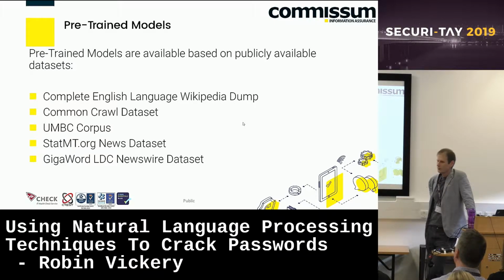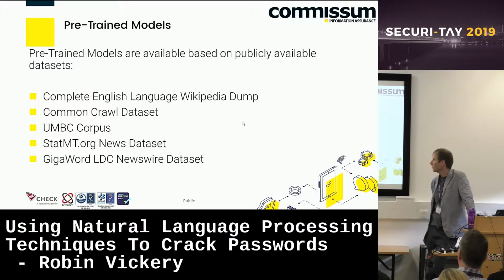In terms of generating these models, you don't really want to do it yourself, but luckily there are some big pre-trained corpuses that you can get. They have trained these models on publicly available text corpuses, which are those ones there.